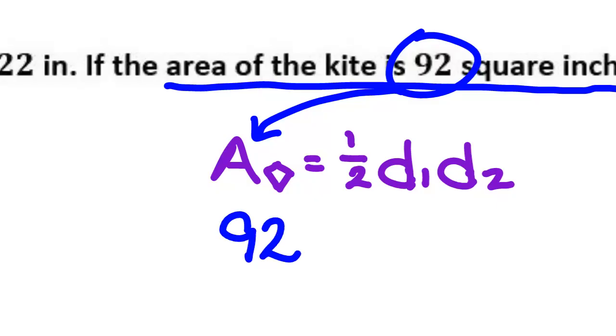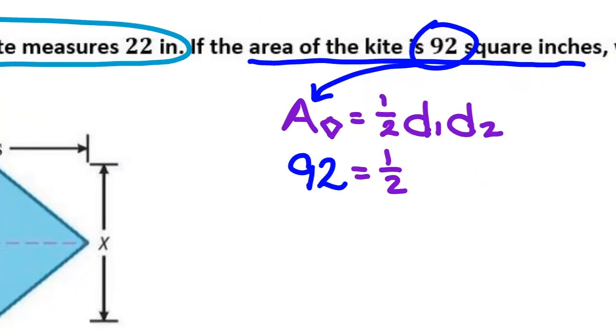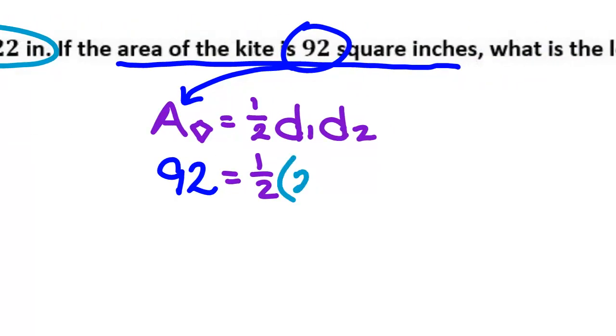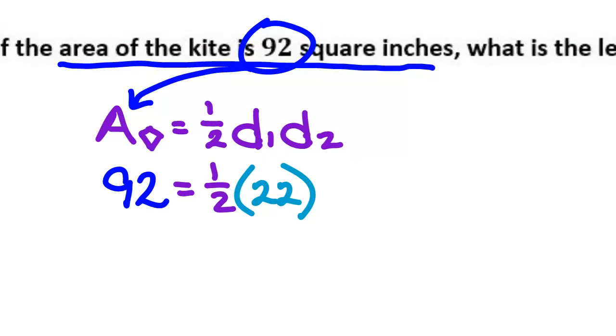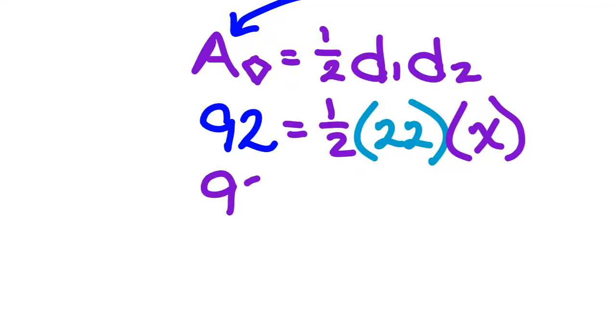So 92 equals 1/2. One of the diagonals is 22 inches. And the other diagonal, we don't know. In the picture, they've called it X, so I'm going to place an X there. So I have 92 equals, I can simplify this part right here. What is half of 22? 11.